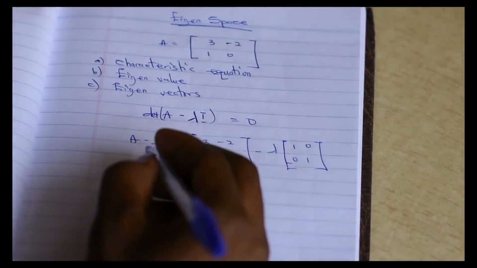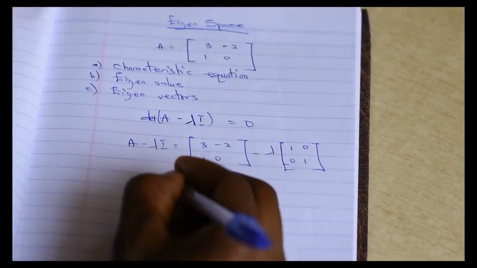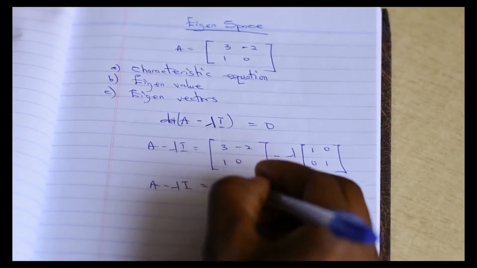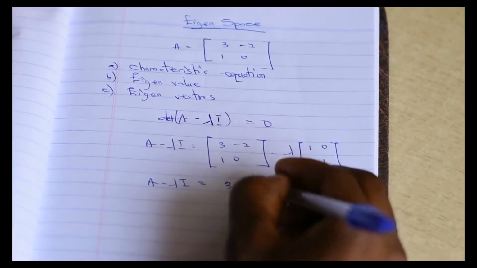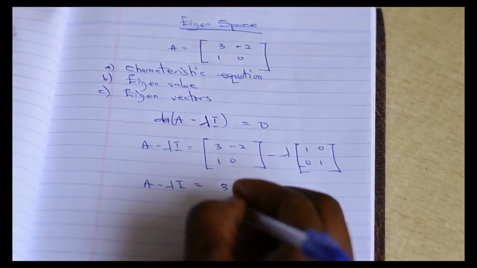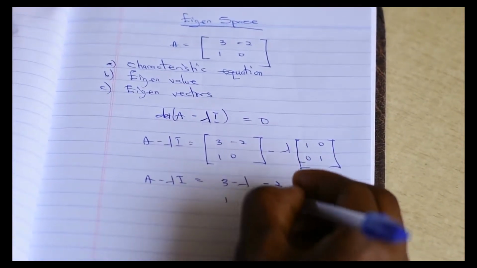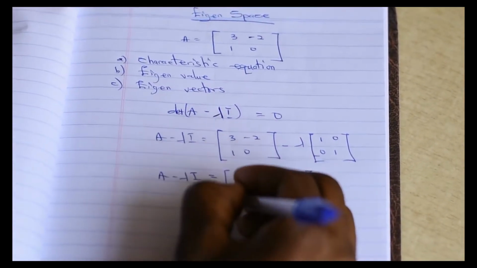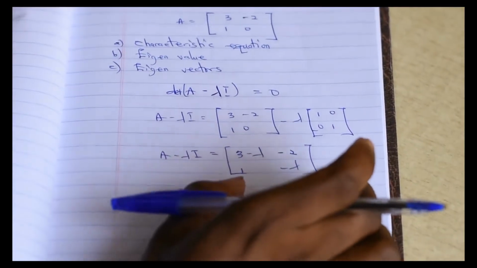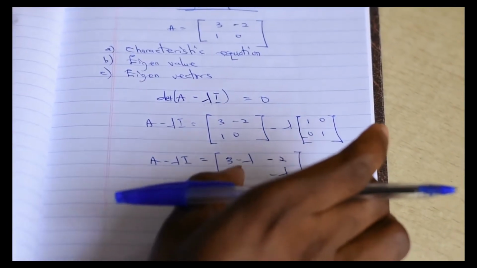So we are going to get this matrix to be 3 minus our eigenvalue, then minus 2, then we have 1 here, then minus our eigenvalue. So this is our singular matrix, and the determinant of this singular matrix should be equal to 0.